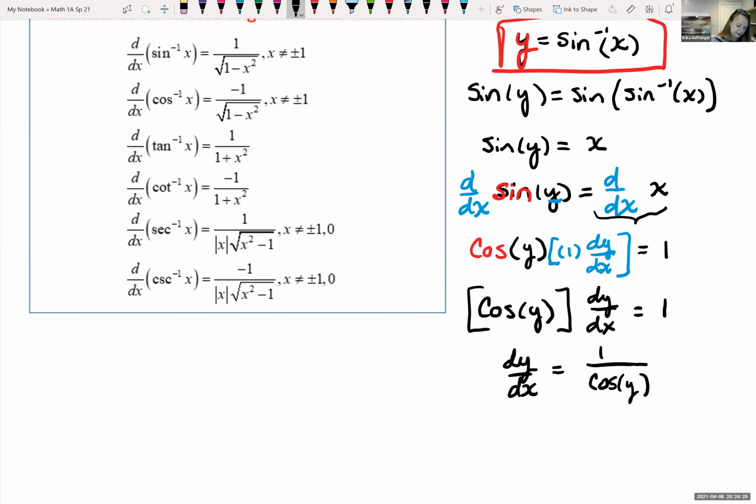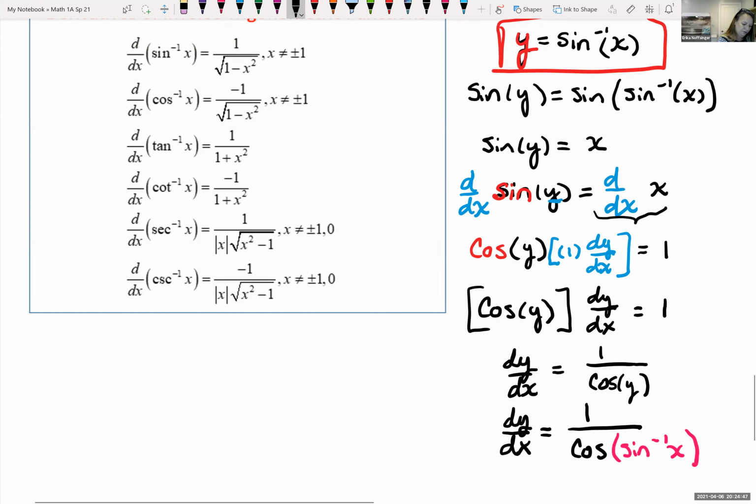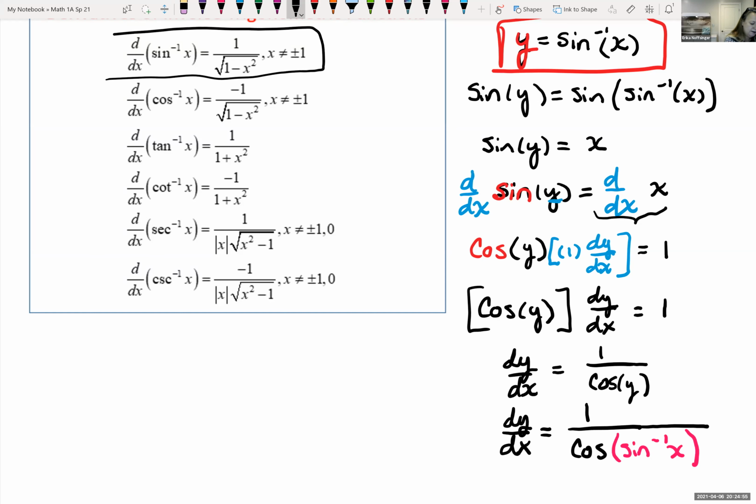So we have dy dx equal to 1 all over cosine of y, but y again was sine inverse of x. Okay, so that's not quite what we have right here in our formula that I gave you, right? And so we want to manipulate this not to have that trig function in here.